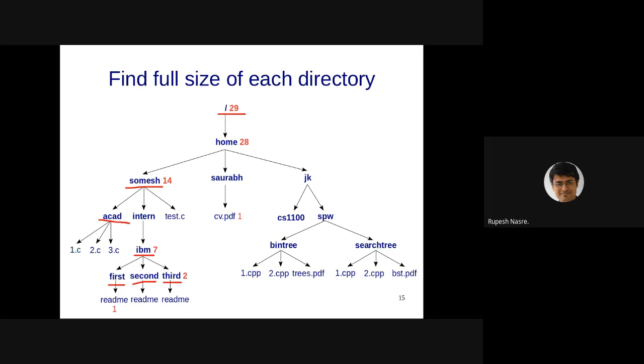Chotu says count weight, root is null, return 0, x equal to 0, iterate over all children, x plus equal to count weight of child, then return x plus 1. Okay. Sure. So one thing which I'll just mention here, add it to the problem statement, is that let's assume that each node has that weight field inside it. So let's update that weight field.